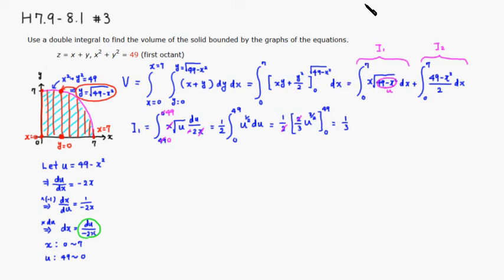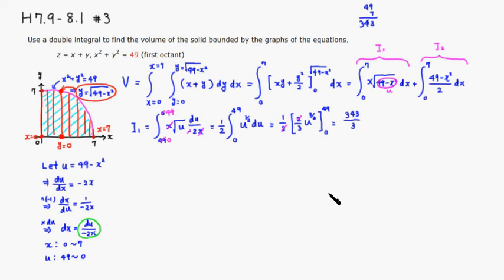So what's 7 cubed? 7 times 7 is 49 times 7. 63, 7 times 9, 63. 28, so 343. So this comes out to be 343 over 3. And if you plug in 0, it's 0 anyway, so this is that. All right, so that's I1.